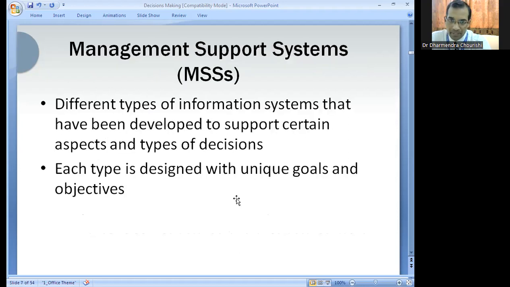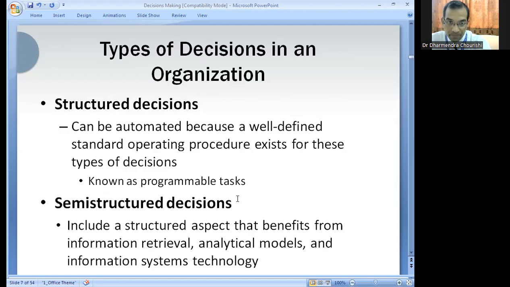One more component is MSS, that is management support system. These are different types of information systems that have been developed to support certain aspects and types of decisions. Each type is designed with a unique goal and objective. So that is management support system.